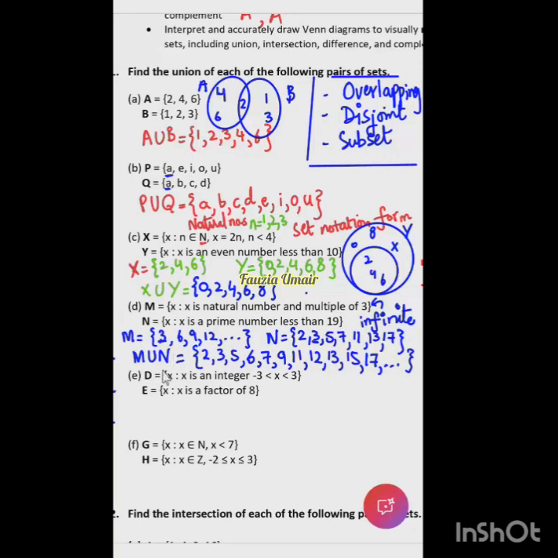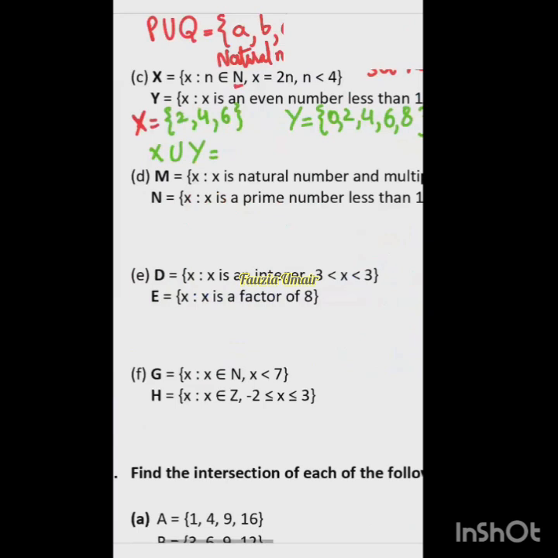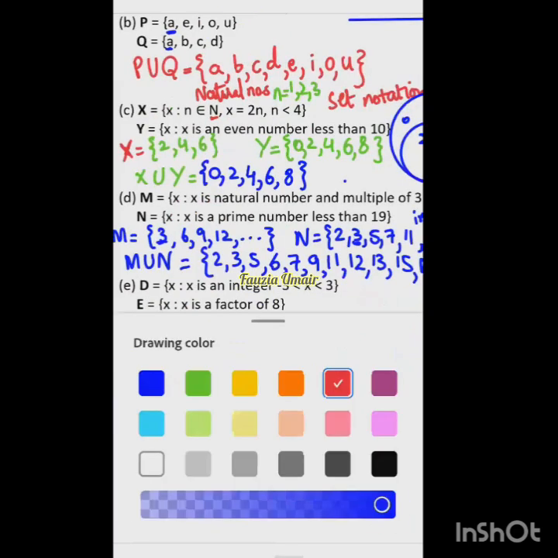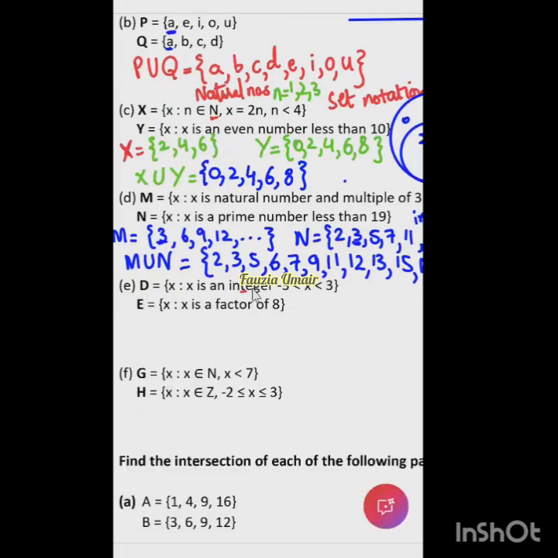So now comes part E. Set D is x such that x is an integer, right? You need to recall that integers are negative and positive numbers along with 0. And there is an inequality given to you: x is bigger than -3 and less than 3.